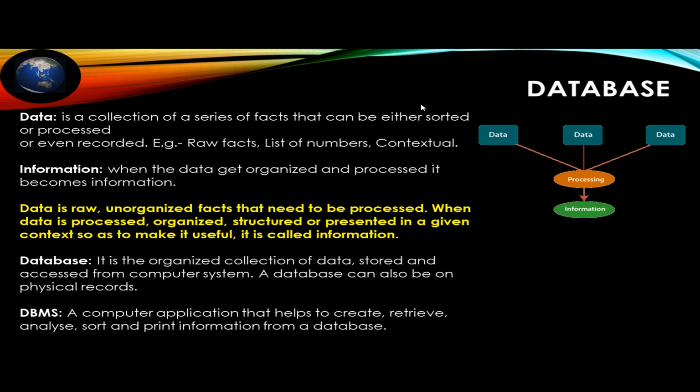Means the database management system is a computer application that helps to create, retrieve, analyze, sort, and print information from a database. Like, this application can help you to create it, to make some changes. You can make any manipulation, like you can edit the information.